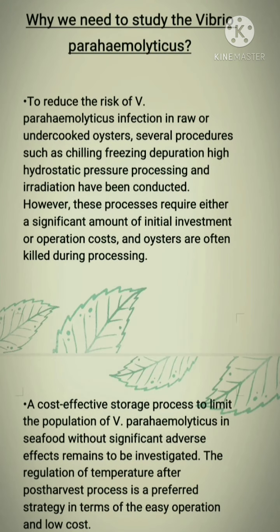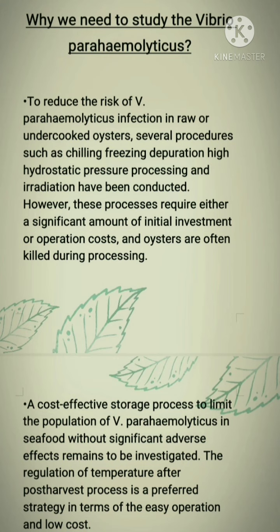So why do we need to study Vibrio parahaemolyticus? We need to study it to reduce the risk of V. parahaemolyticus infection in raw or undercooked oysters. Several procedures such as chilling, freezing, depuration, high hydrostatic pressure processing, and irradiation have been conducted. However, these processes require either a significant amount of initial investment or operation cost, and oysters are often cold during processing.